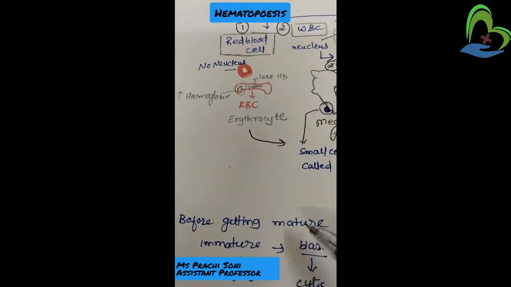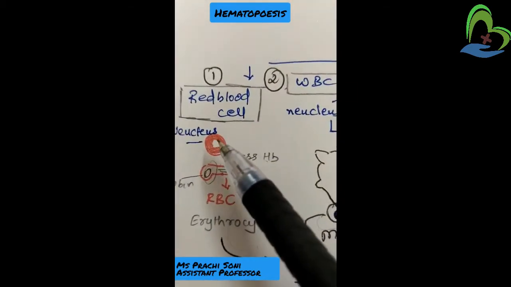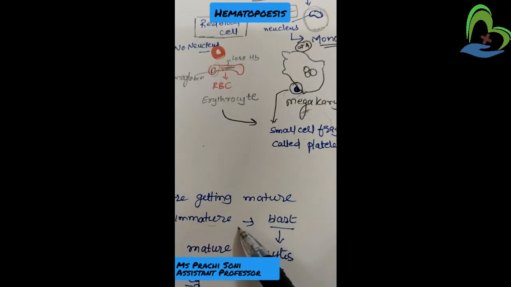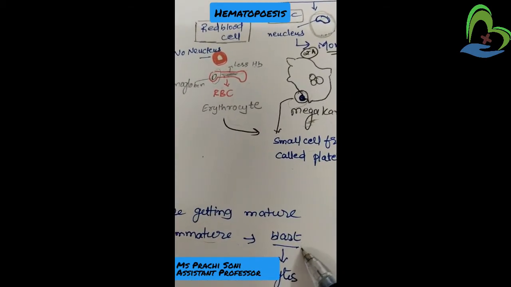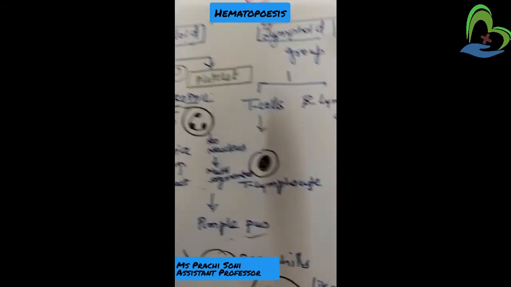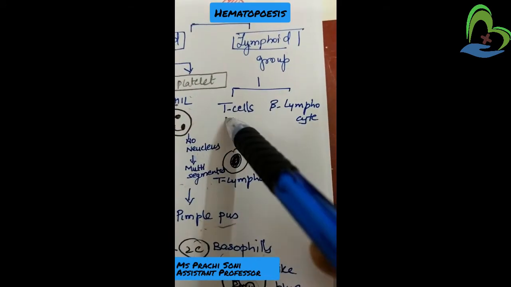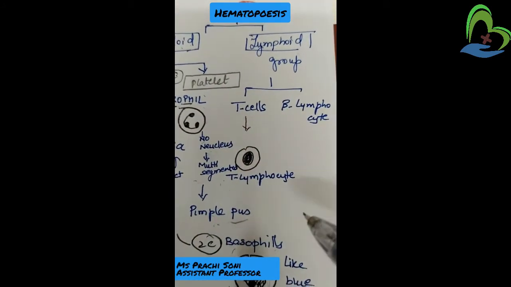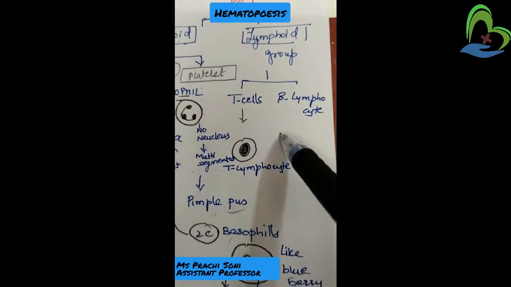Before these RBCs mature, they are in immature form, called blasts, and the mature ones are called cytes. In lymphoid growth we see T lymphocytes and B lymphocytes. In the lymphatic system we saw that they act as defense mechanisms.